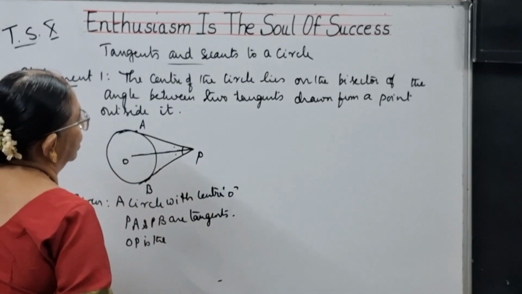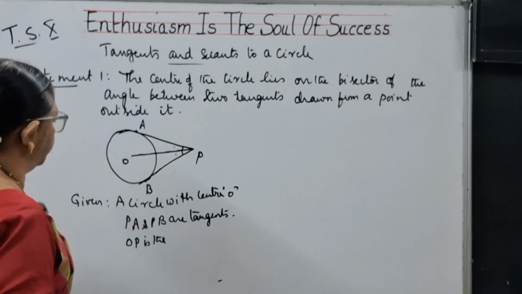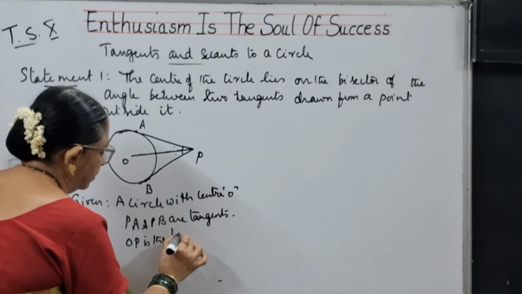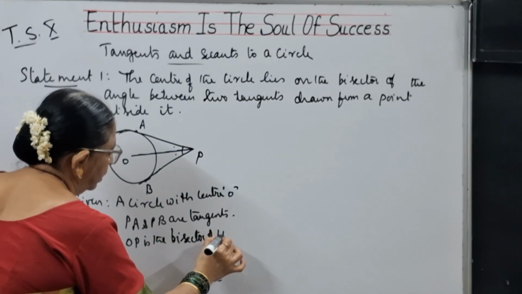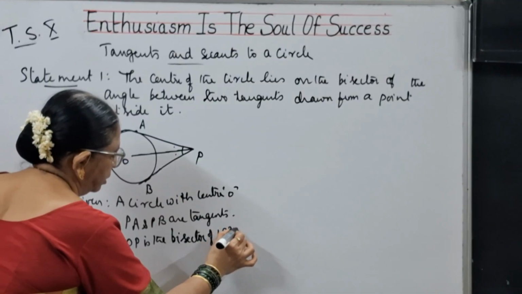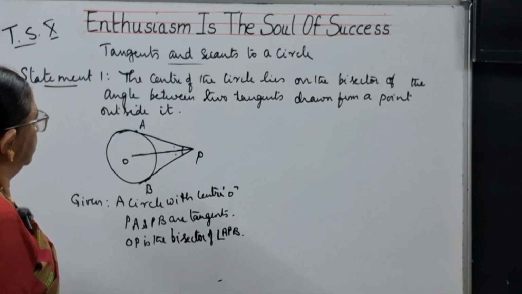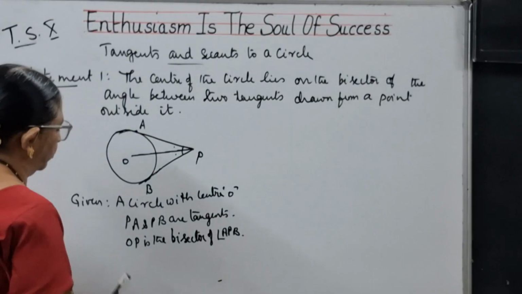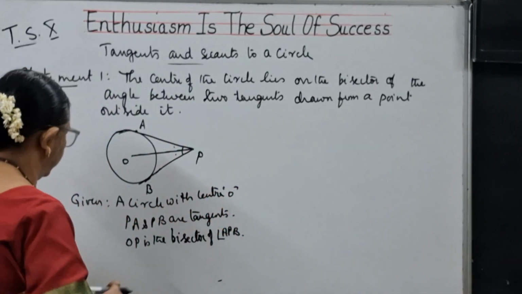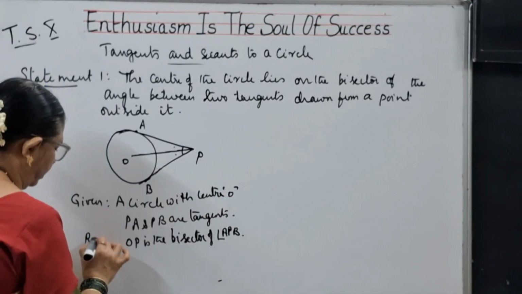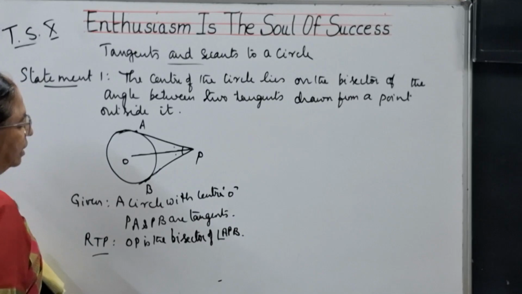They said the center of the circle lies on the bisector. OP is the bisector of angle APB. Of course, this we need to prove, children. What is RTP? RTP is, OP is the bisector of angle APB.